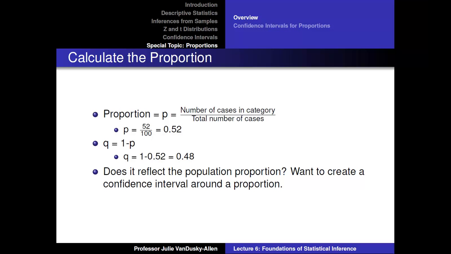We also have to calculate a value Q, which is the number of respondents who did not support candidate 1. The calculation for Q is simply 1 minus P, or 1 minus 0.52, which is 0.48. While this is interesting information, just like the example from our sample mean, the sample proportion might not accurately reflect the true population proportion. As such, we can also calculate a confidence interval around a proportion.